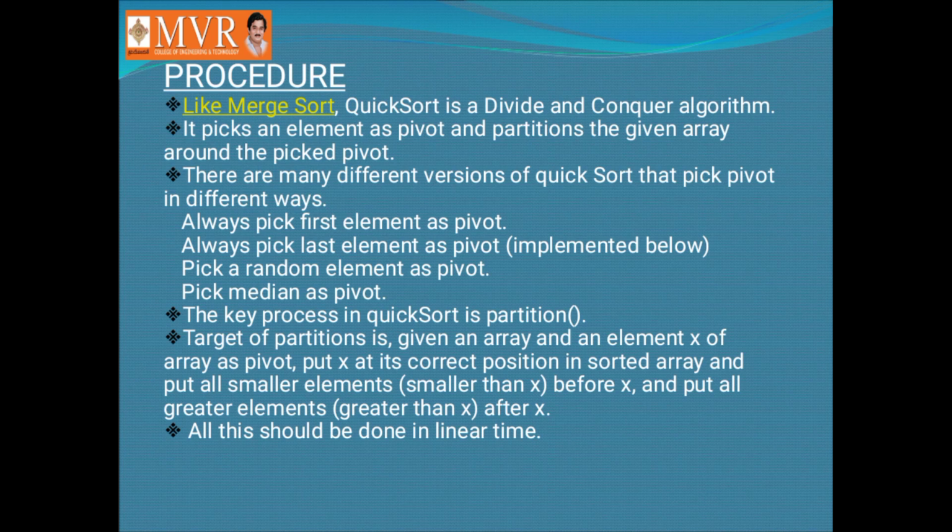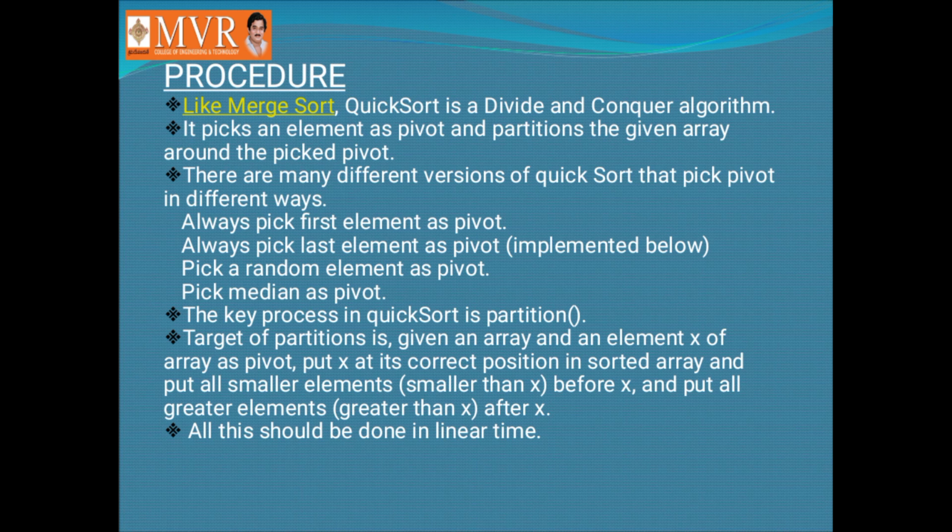The key process in quicksort is partition. Partition is nothing but, as the name implies, like how we divide a room in general into two rooms by using a partition, separating two rooms using some cardboard or some wall is known as partitioning.